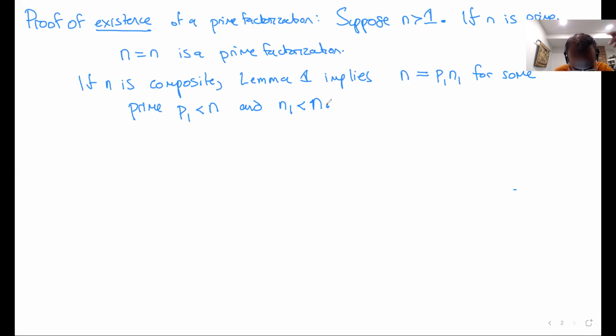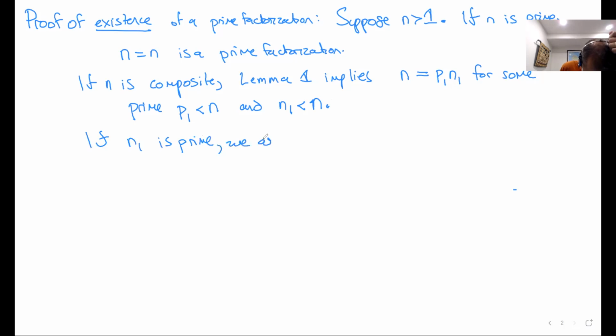So now we're going to repeat this process with n1. If n1 is prime, then we're done, right? If n1 is not prime, then we apply lemma 1 again, and we get a factorization of n1.